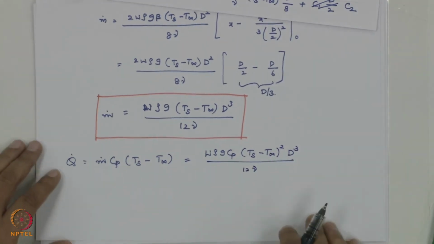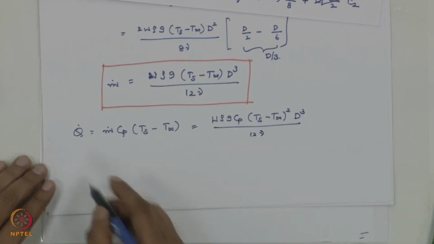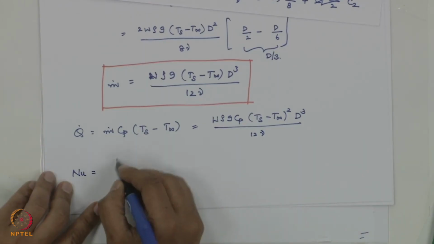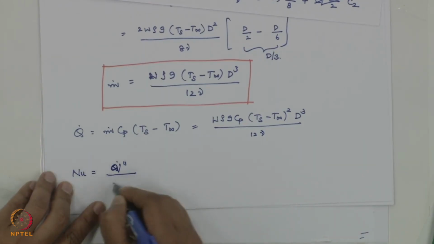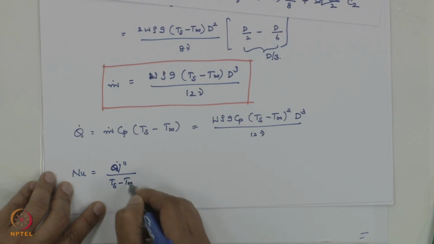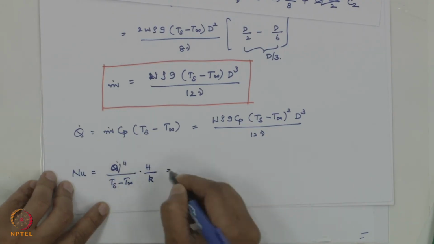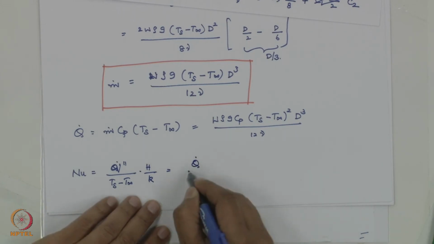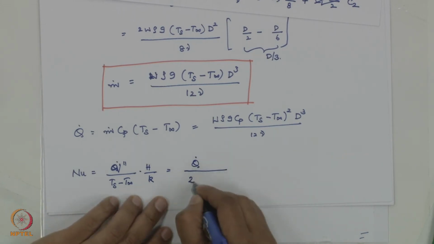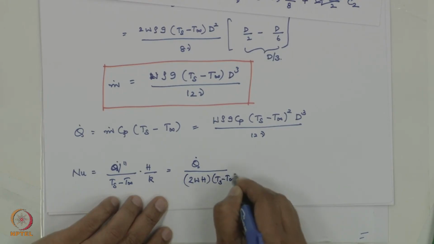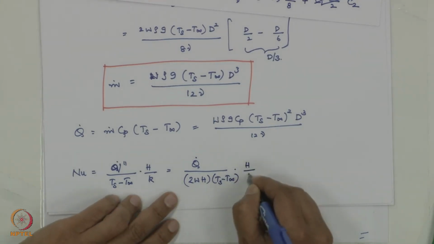But now let me find out the Nusselt number for this. So the Nusselt number equals heat flux upon Ts minus T infinity, this is h, into d upon k. What is heat flux? Q dot upon area, that is 2W d into Ts minus T infinity into d by k.